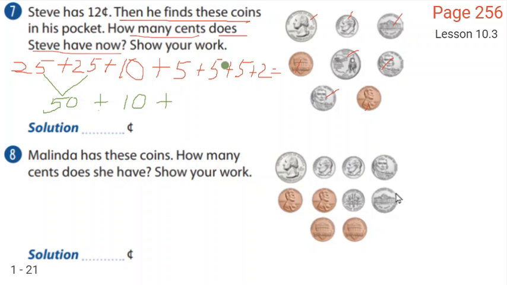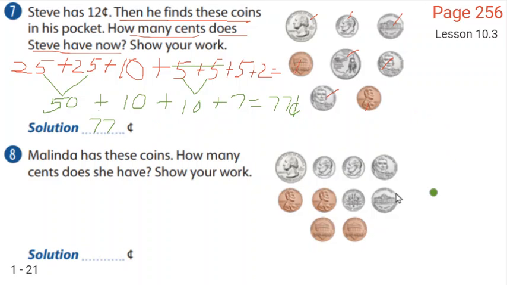This might be easier if I do it this way and go plus 10, plus 5 and 2 is 7. That equals, let's add it all up. So 0 ones, 0 ones, 0 ones, 7 ones, 7. 5 tens plus 1 ten is 6 tens, plus another 10 is 7 tens. So it's 77. So the solution is 77 cents. I can also put it over here. Boom.